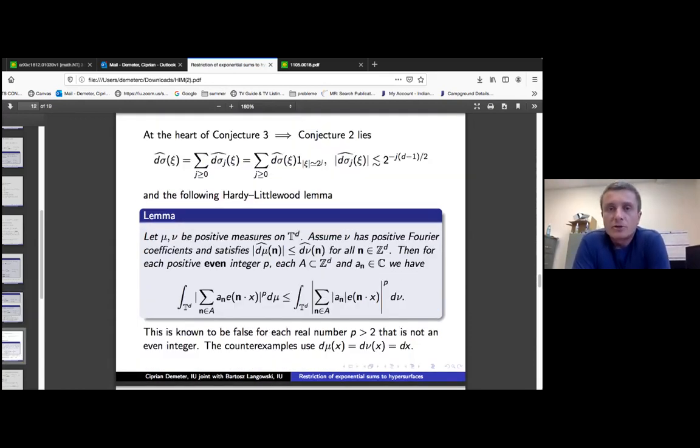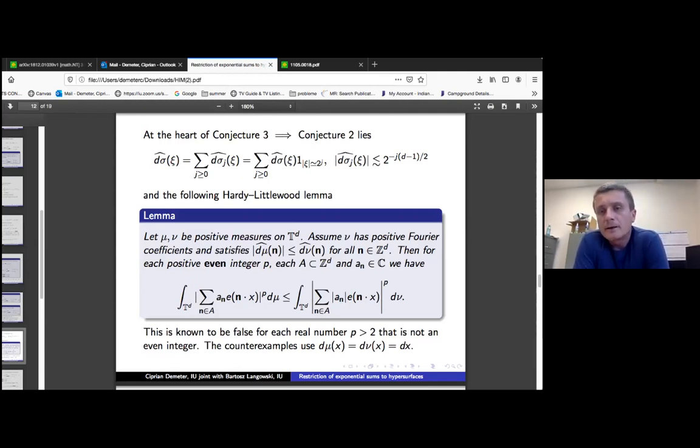So how do you prove that conjecture 3 implies conjecture 2? First of all, you have to run the dyadic decomposition. You look at the Fourier transform of the measure, you split it into the little Paley pieces. All we are using is the fact that each piece, being localized with a spectrum in an annulus, has the prescribed decay.